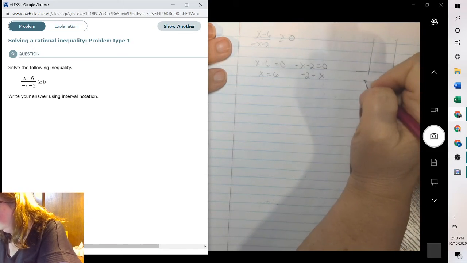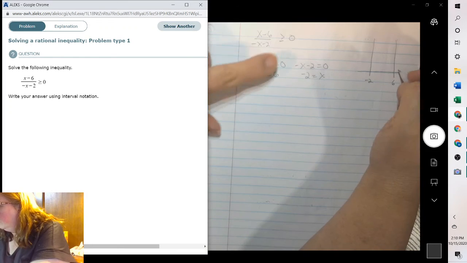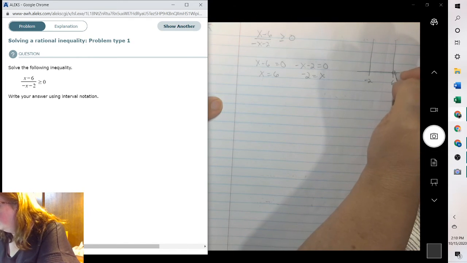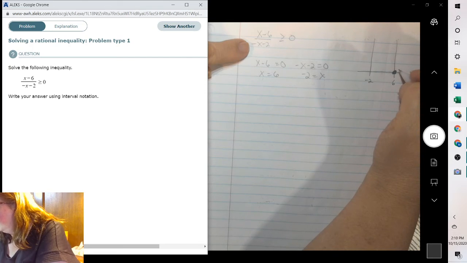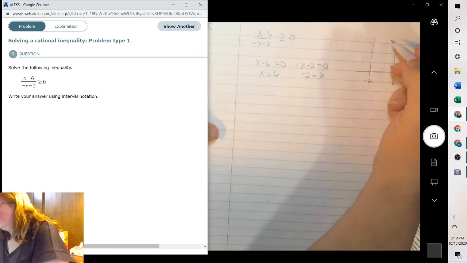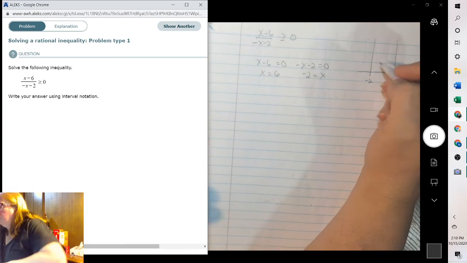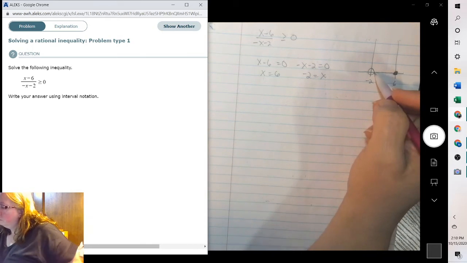So we're checking negative 2 and 6. It has the equal to, so the one from the top we include, but this negative 2 came from the denominator. So we will not equal it. So it should be an open circle.